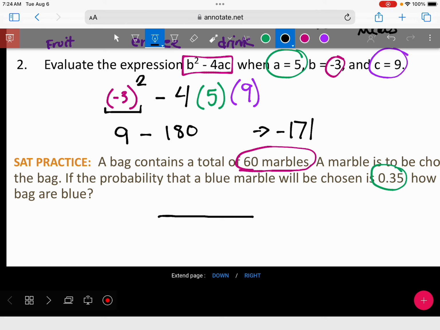I don't know how many there are, but that's what we want to have here, number blue, out of our 60 equally likely marbles. So I want to know what goes on the top that makes this equal 0.35. And you could just type things in the calculator like lightning and guess and check. That is an okay strategy.